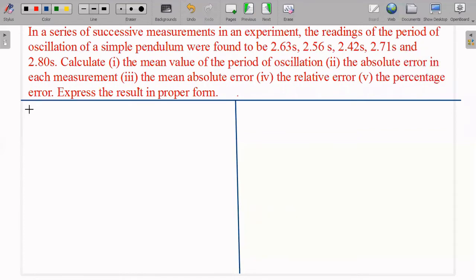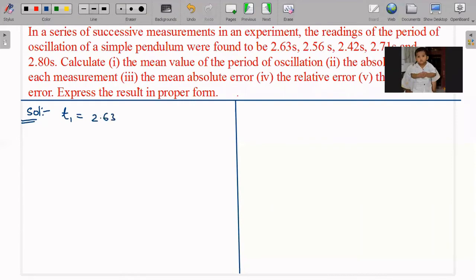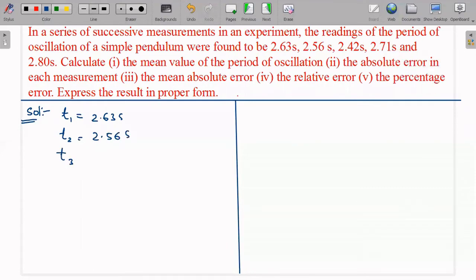The timings we note down are five values, all time values: T1 is 2.63 seconds, T2 is 2.56 seconds, T3 is 2.42 seconds, T4 is 2.71 seconds, and the last, T5, is 2.80 seconds.